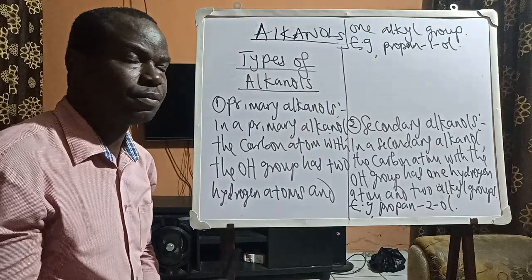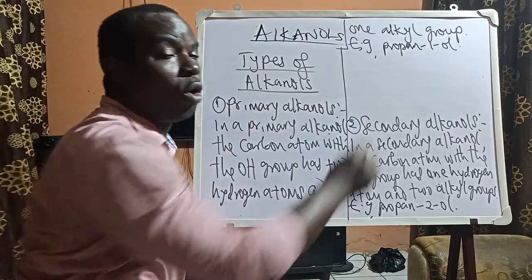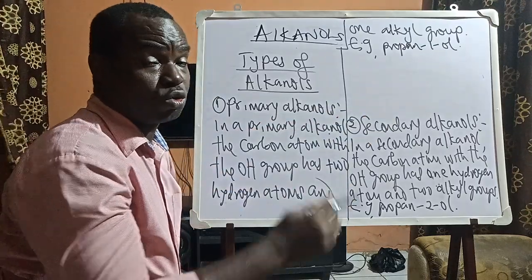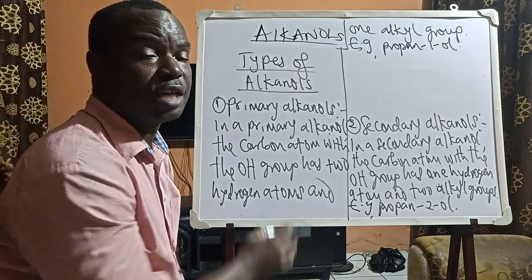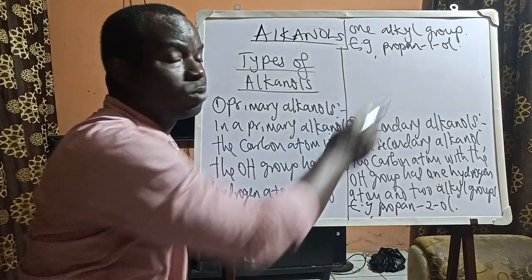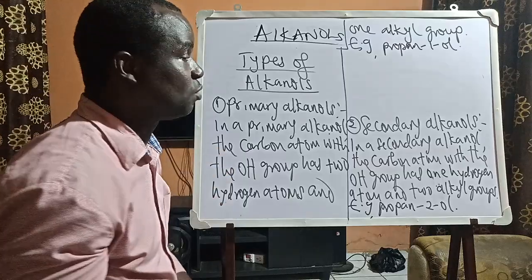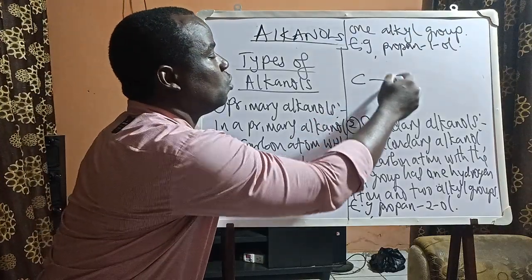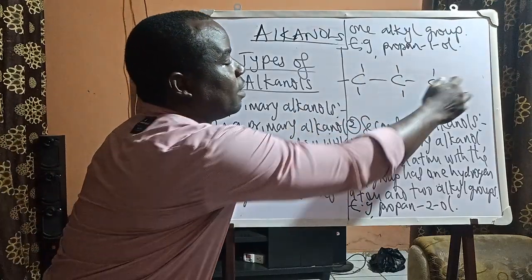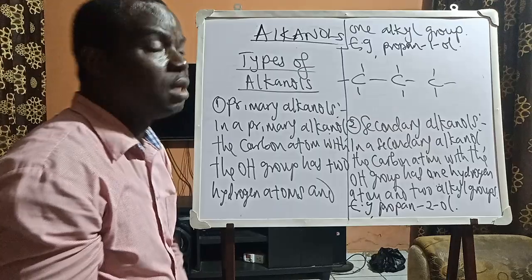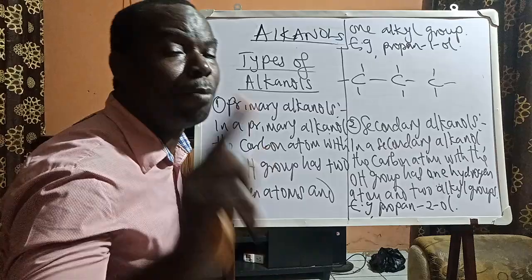Let me explain. Look at this example here. Propan-1-ol. Let us draw the structure of propan-1-ol so that we will explain this information. What is prop from the last class I gave you? Prop means 3. So let us do prop first, 3. So we have 1, 2, 3. So we fill the bonds the way I taught you. Now, 1-ol, like I explained, means that the OH is on carbon number 1.